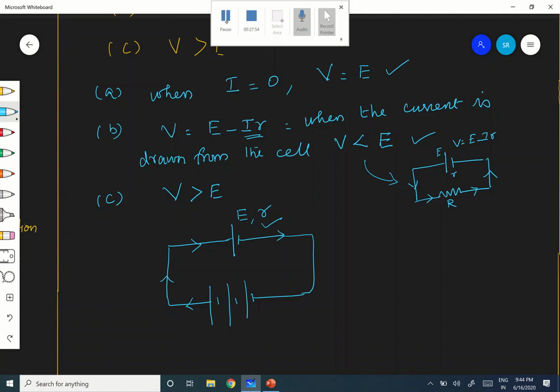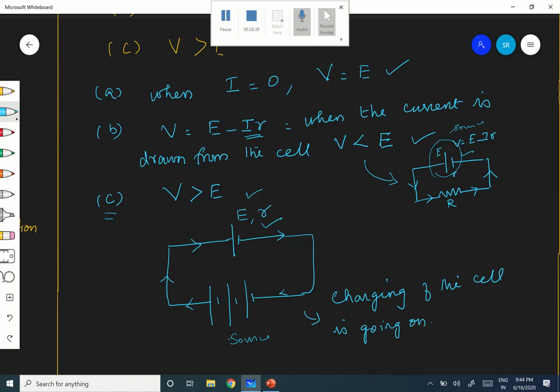Here, in case B, V is less than E because current is drawn from it and our cell acts as a source. But in case C, it is not a source now, but it is connected to a battery, which is a source. Charging of the cell is going on.